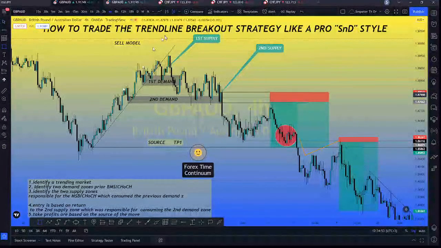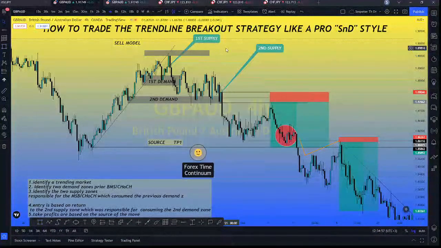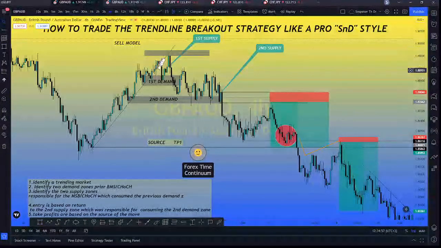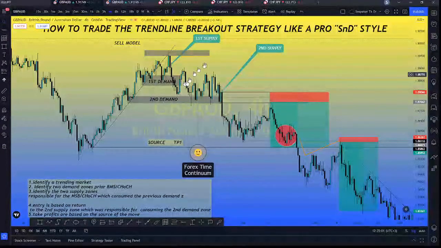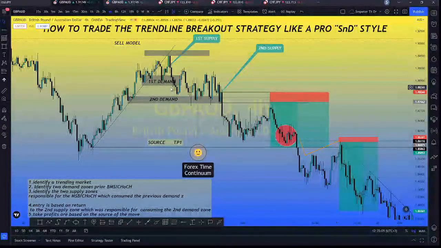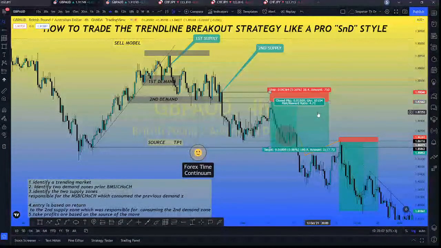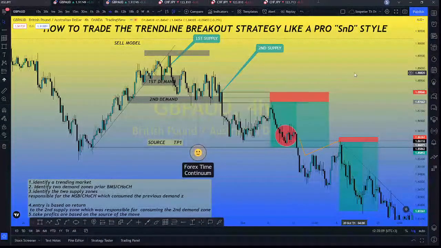Let me put something to indicate it. You wait for the price to enter your zone, and then you wait for this to present on your M5 or M15, and you catch the best entry, the one that's not going to mess your psychology.